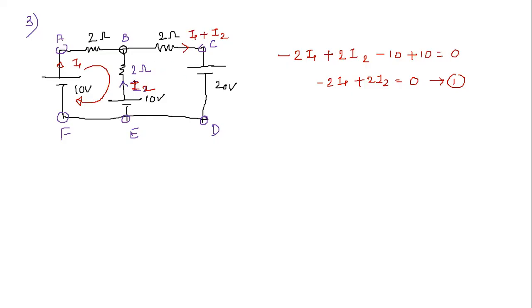Now I'm left with this output path. I'll go with this, right? I'm going to write the equation directly. This will be minus 2I1 minus 2I2. This is the second path I'm trying to trace.